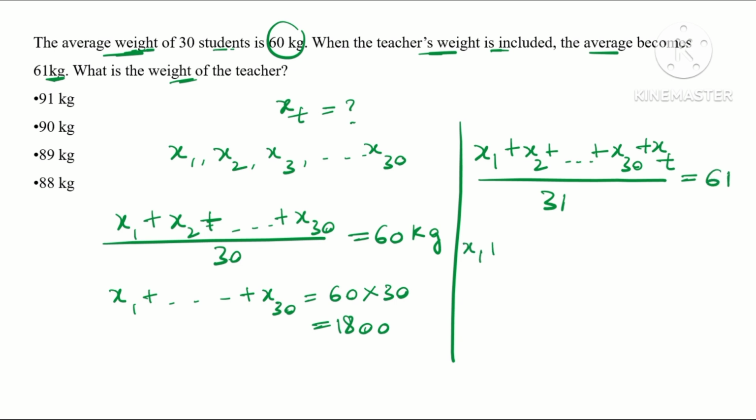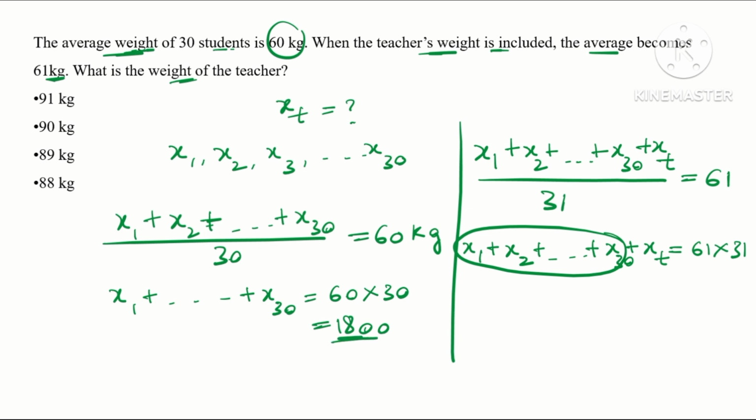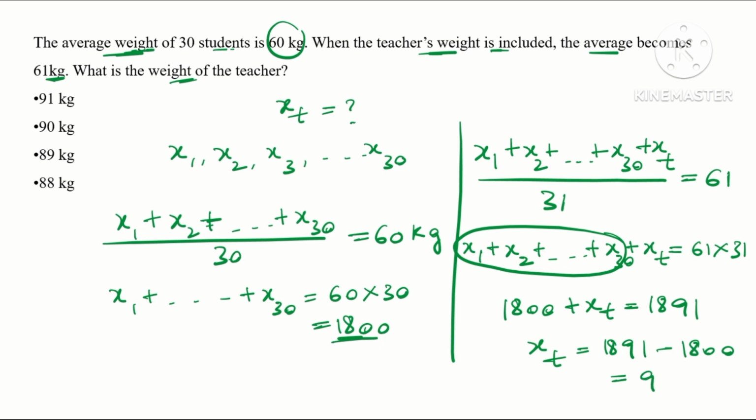So x1 plus x2 plus so on plus x30 plus xt equals 61 into 31. This value we know, that is 1800. 1800 plus xt equals 61 into 31, which is 1891. So xt becomes 1891 minus 1800 is 91. Answer is 91 kg.